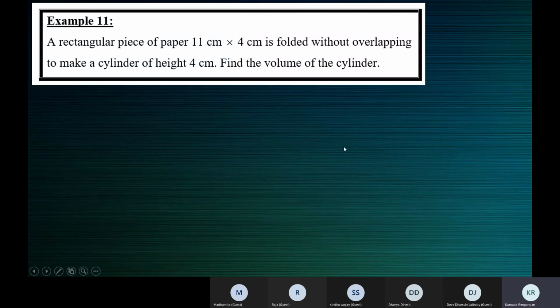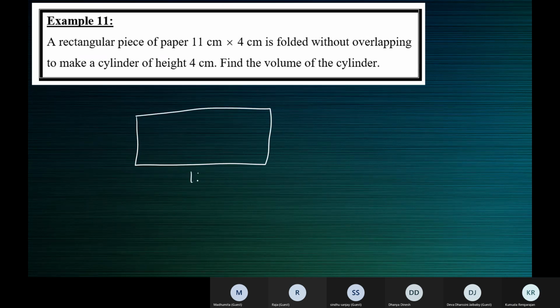So a rectangular piece of paper, 11 centimeters by 4 centimeters, is folded without overlapping to make a cylinder of height 4 centimeters.